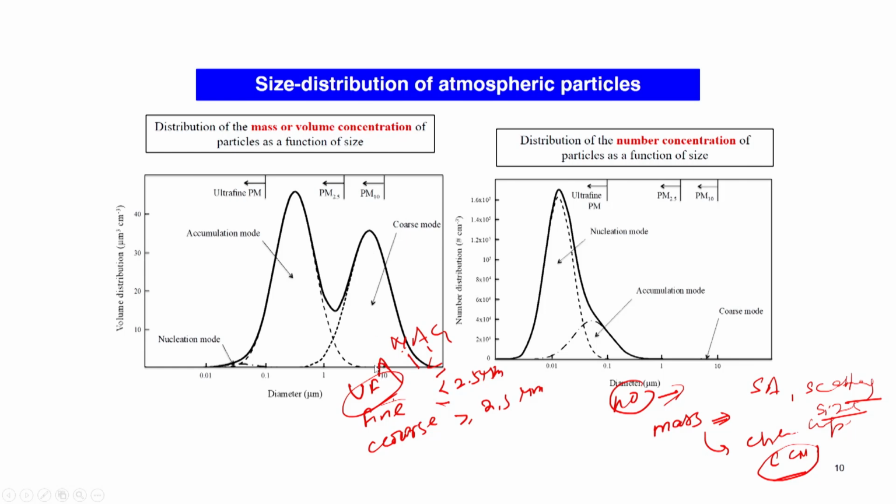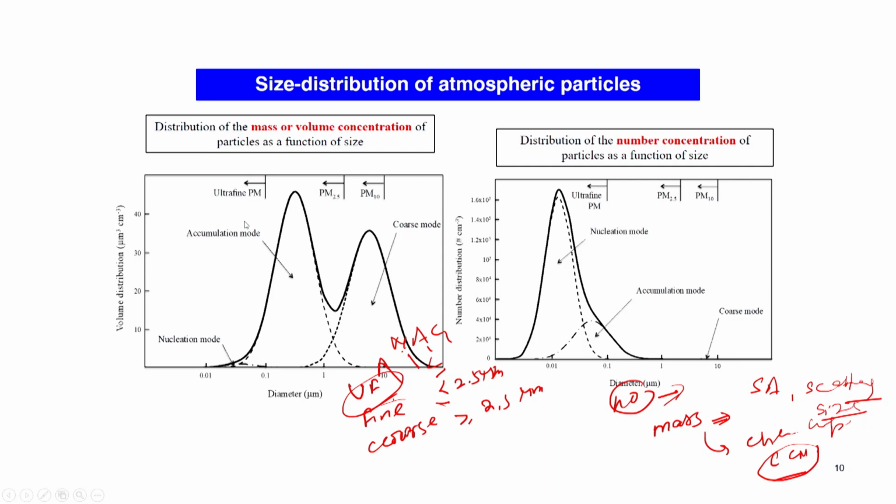Based on this, in atmospheric sciences we initially studied only PM 2.5 and PM 10. There was no PM 1 actually. PM 1 came very recently because of health impact studies, not because of the chemical composition. Of course, that is important too.